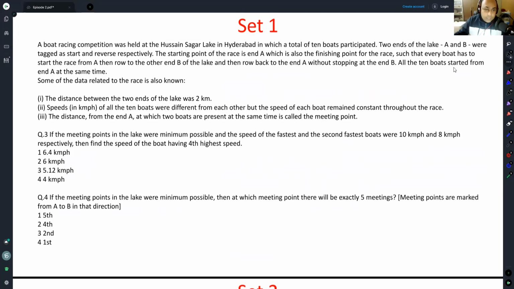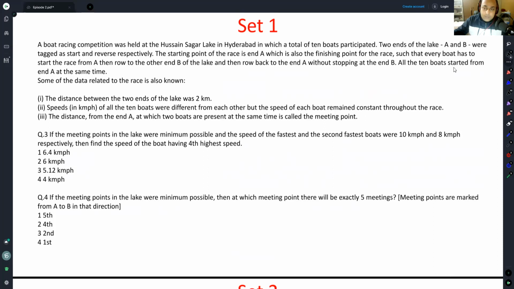If the meeting points in the lake were minimum possible, which is a different way of saying speeds are in GP, and the speeds of the fastest and the second fastest boats were 10 km per hour and 8 km per hour. So the fastest boat is boat 10, which has a speed of 10.